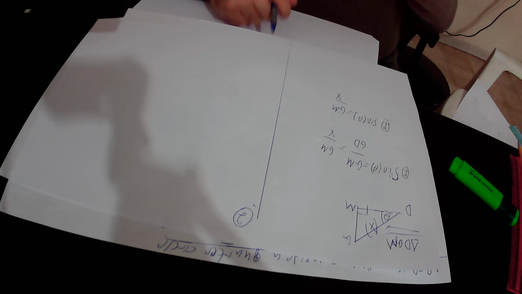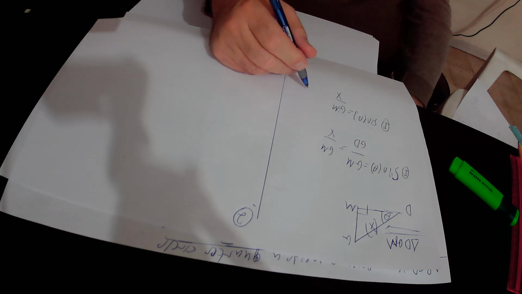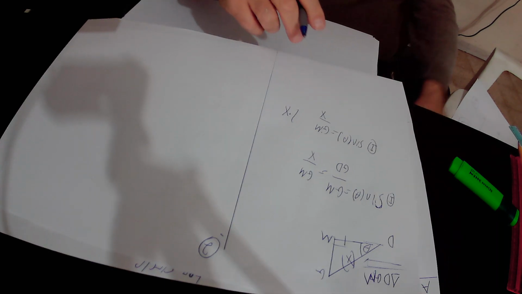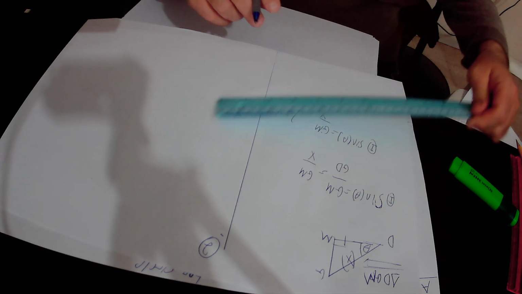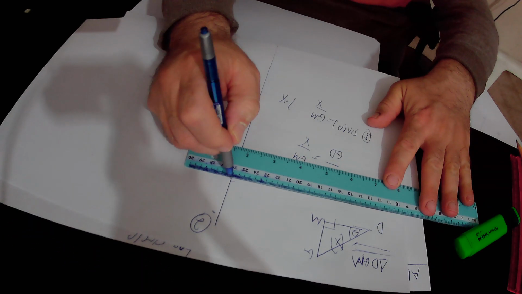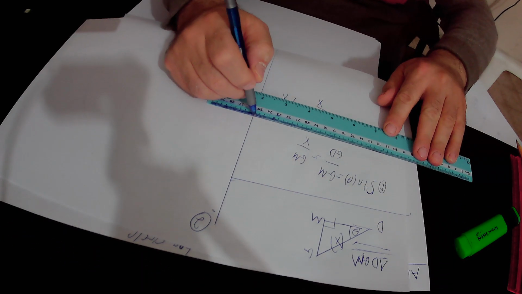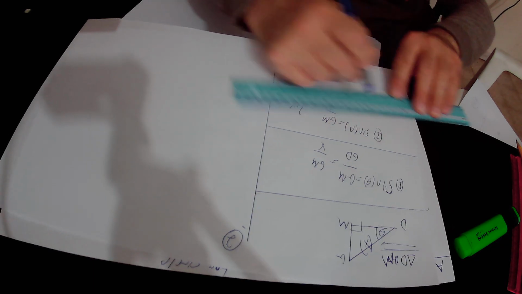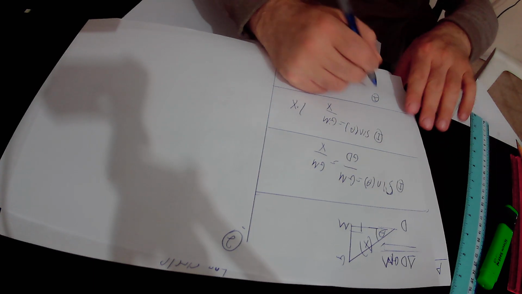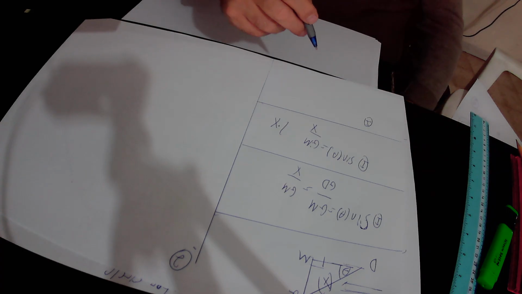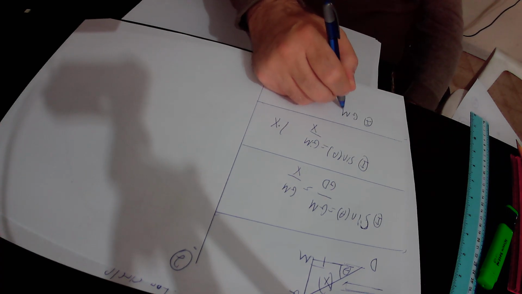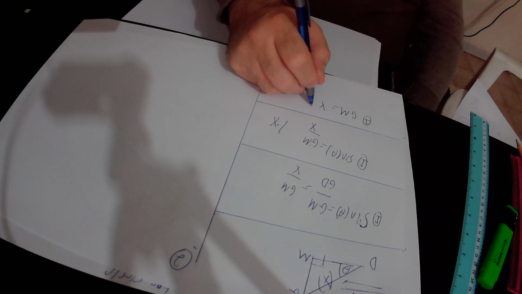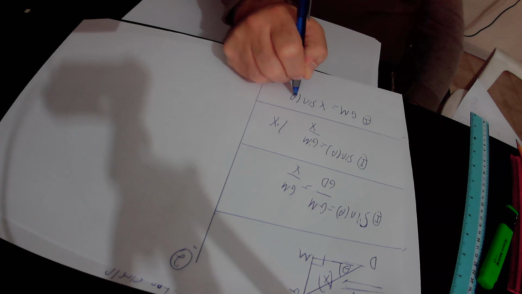In the next step, we multiply this equation 1 by x, and we get that according to equation 1, GM equals x times sine theta.